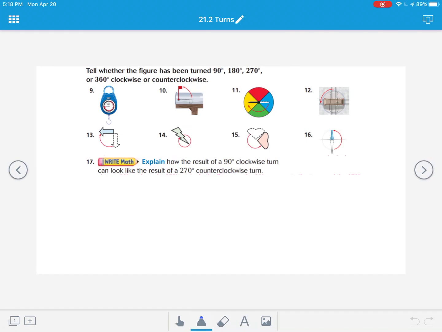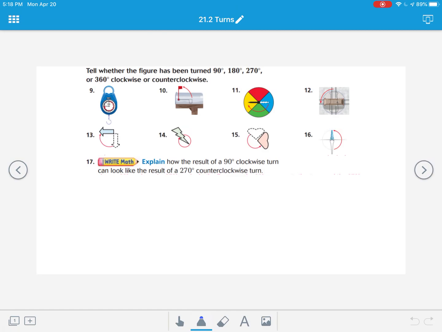All right, we're going to look at a couple real-life examples to see if we can pick out what degree is being shown based on the turn. Now, we're going to tell whether the figure has been turned 90 degrees, 180 degrees, or 270 degrees.